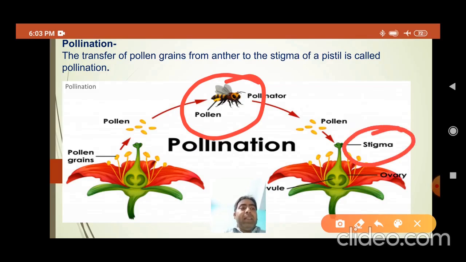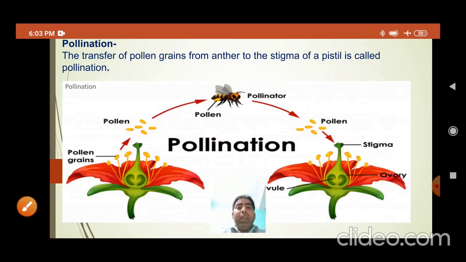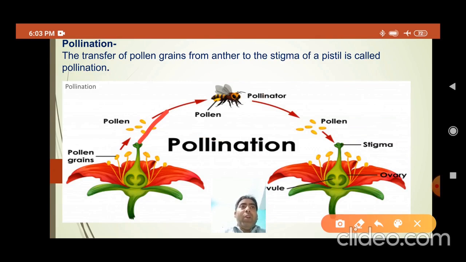Again I am saying, the transfer of pollen grains from the anther to the stigma of a flower is called pollination. Now pollination can occur in two ways. I have not stated it here, but it is an important point, so I am discussing it.